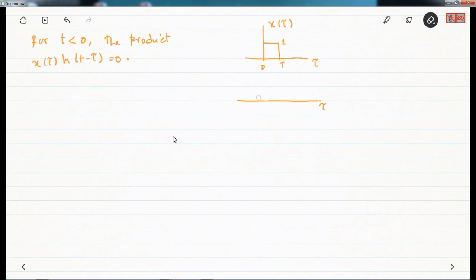Sorry, just wait. I need to draw it correctly. So this is t, this is t minus 2t.